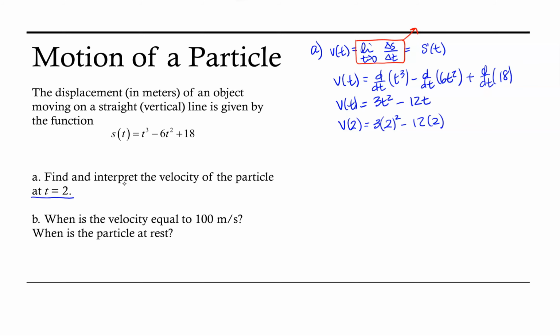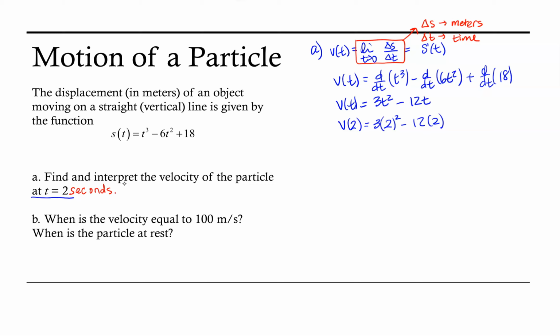Now change in position, we know that our displacement is measured in meters, so delta S has units of meters, and delta T has units of time. And initially we're not told what the units of time are. Let's go ahead and impose that right now and say at 2 seconds.